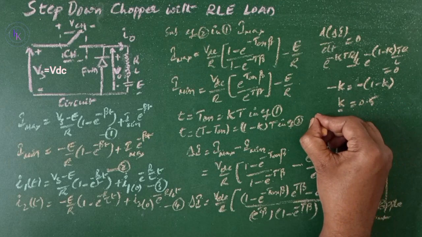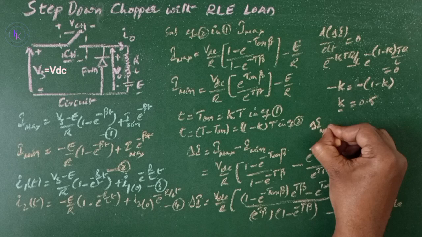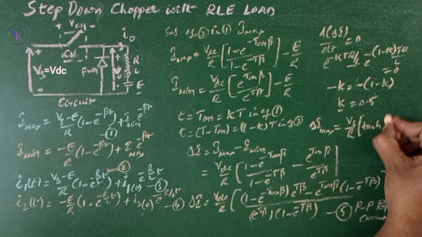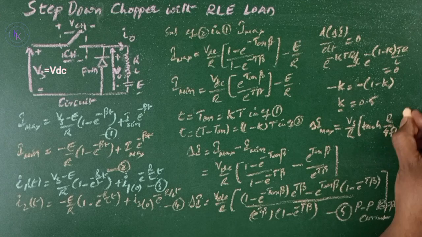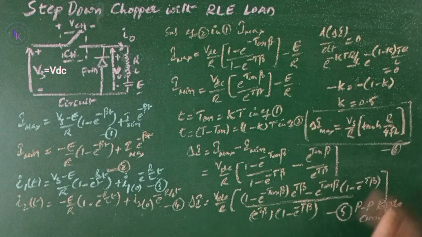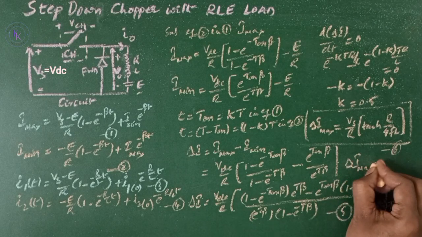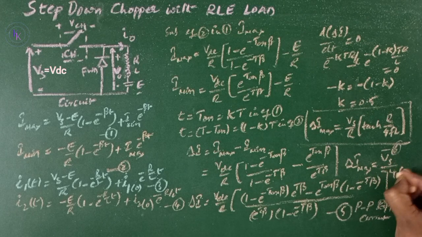That is given by delta I max = Vs/R tanh(R/4FL), equation number 6. For 4FL greater than R, tanh theta is approximately equal to theta, and the maximum ripple current can be approximated to delta I max = Vs/4FL.